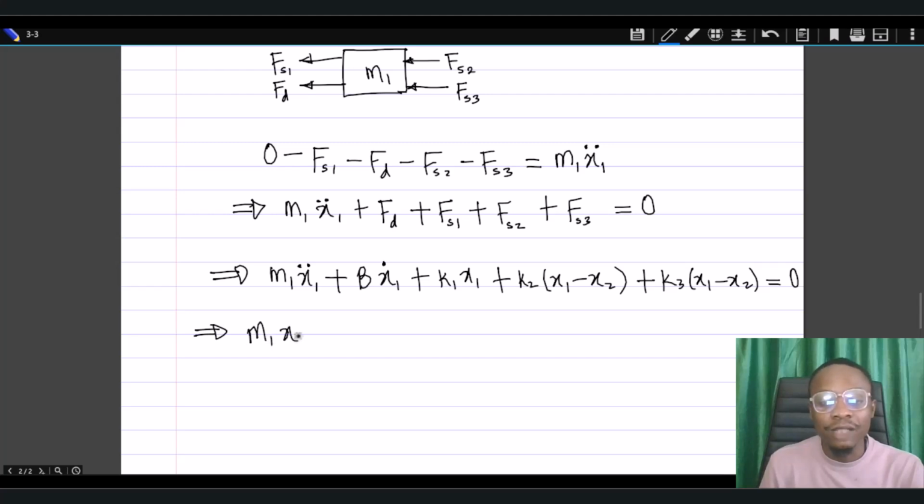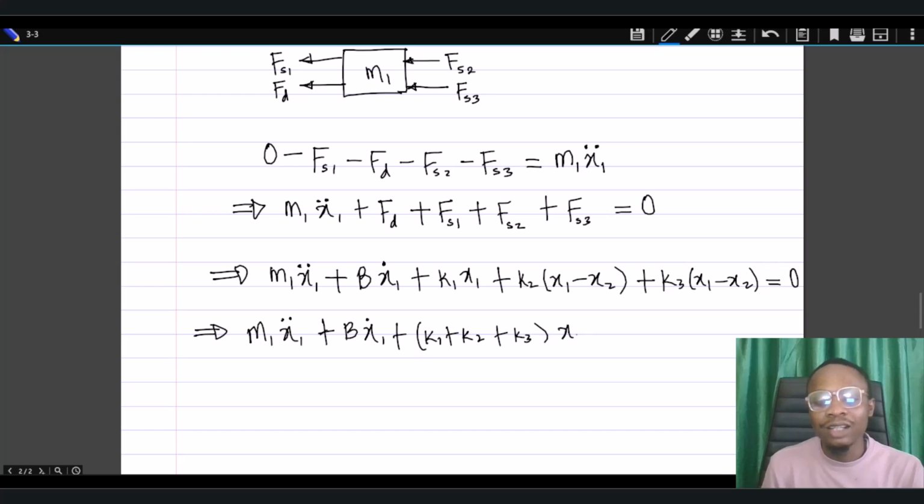This will give us m1 x1 double dot plus b x1 dot then plus, so you can see k1 x1 here, k2 x1, k3 x1. So we can say we have k1 plus k2 plus k3 then multiplying x1.